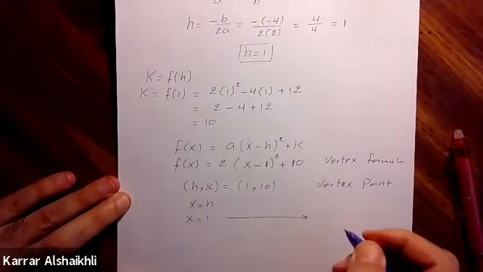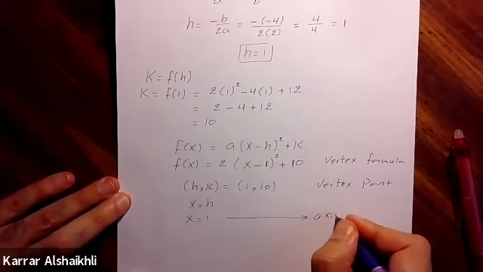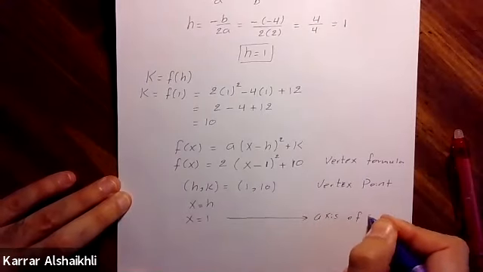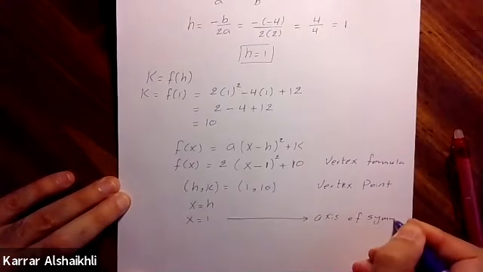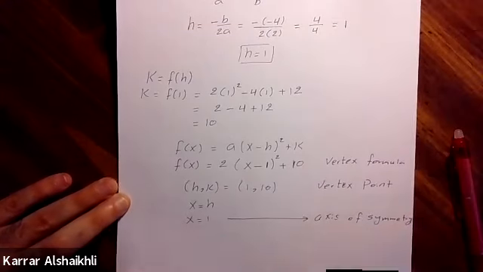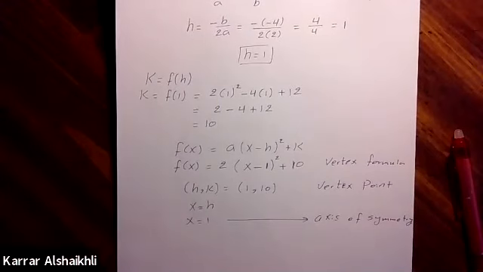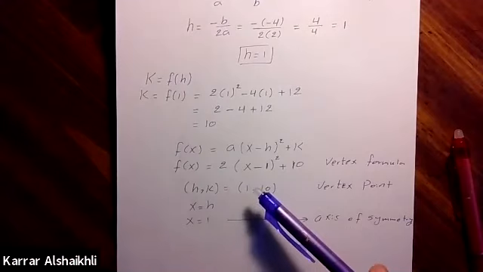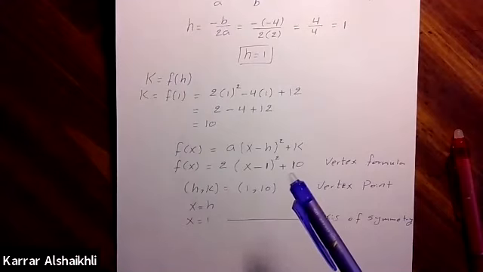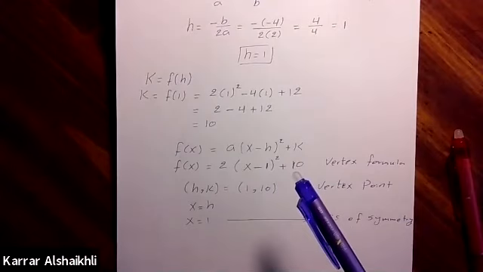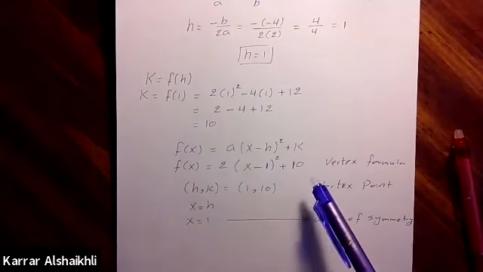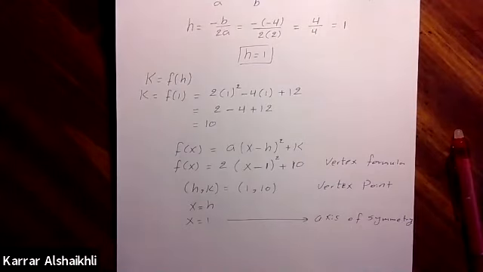This is the axis of symmetry. So these are the important steps. Always you're going to do exactly the same thing, and keep in your mind the vertex point is going to be the highest point or the lowest point, the maximum or the minimum. So one of these, maximum or minimum. This is the vertex point.